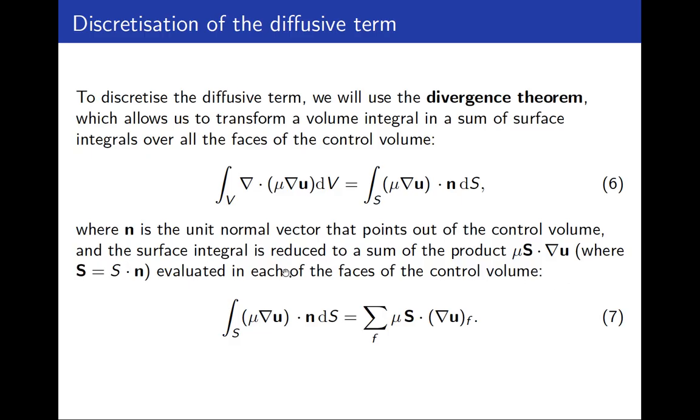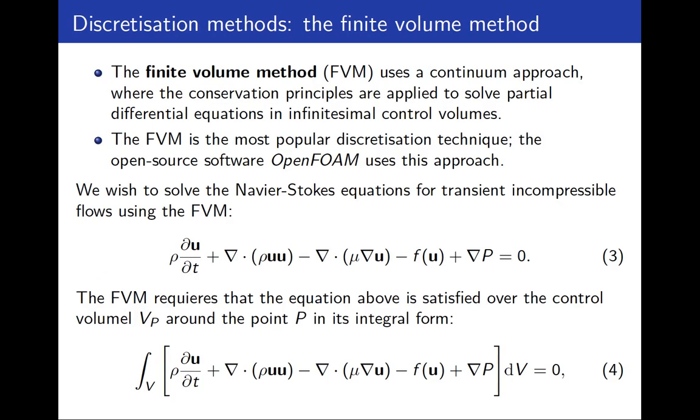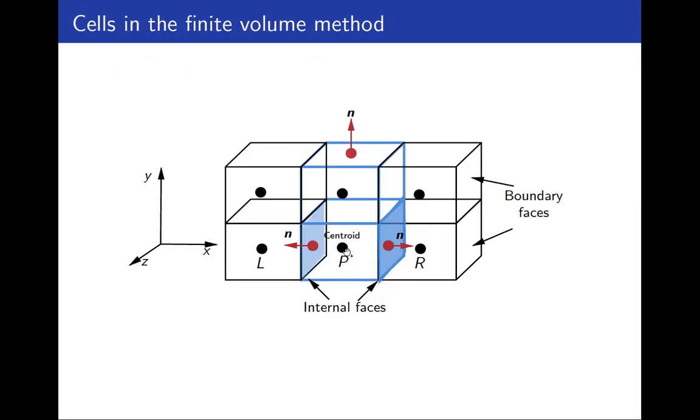So you have to evaluate this product in each of the faces of the control volume. So this surface integral becomes this simple algebraic expression. So you will have to sum all these products in each of the faces of the control volume. So F stands for face. And then, remember, in the finite volume method, you will evaluate these gradients at the faces of your control volume.